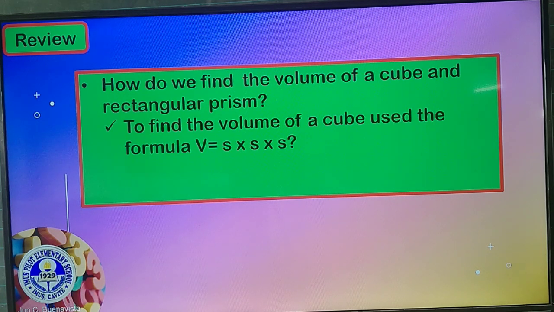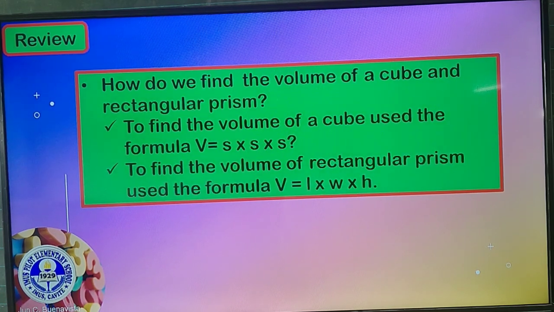So you need to know the value of the side of the given cube. To find the volume of a rectangular prism, we use the formula V equals length times width times height.